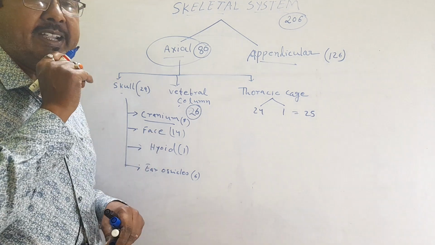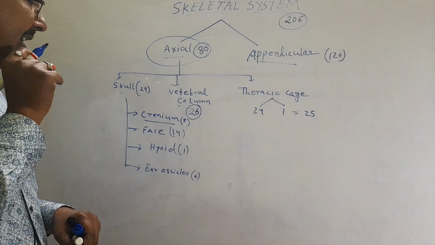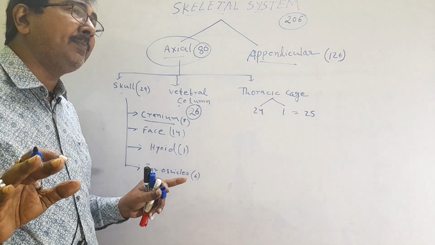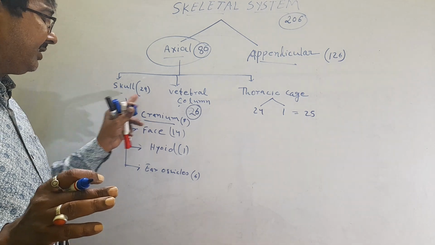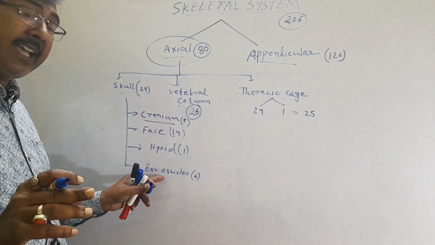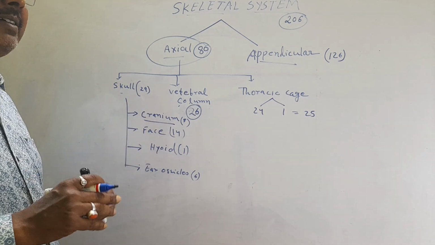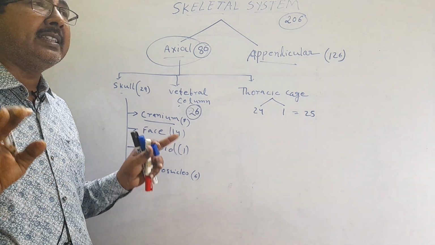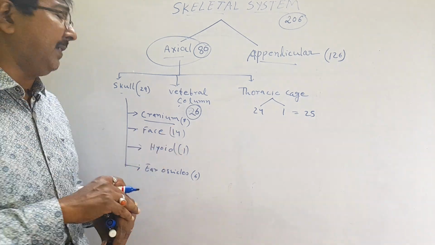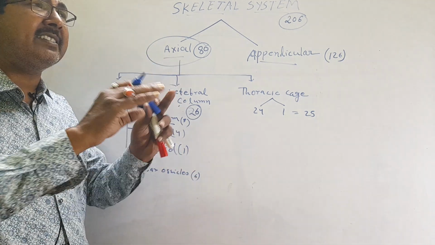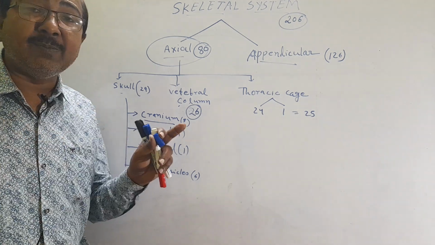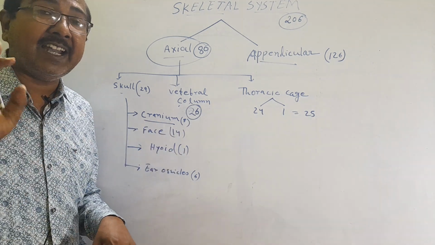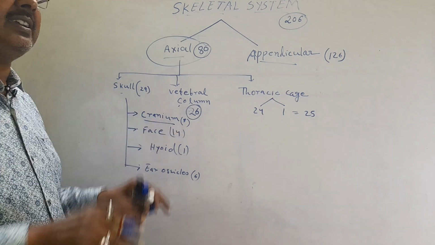One mandible is movable. Now first, the cranium. The cranium is a box-shaped structure, and 8 flat bones are fused together in it.